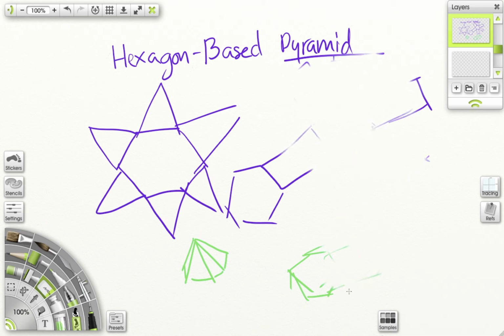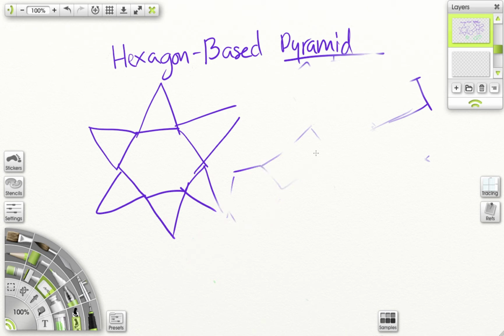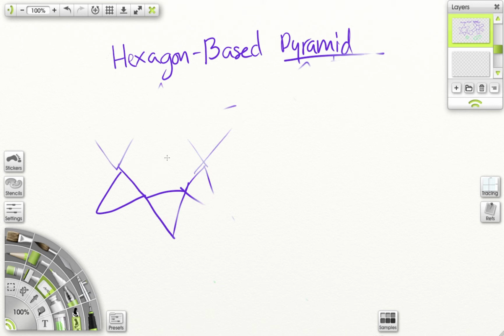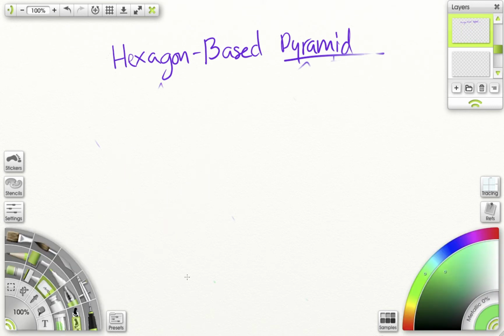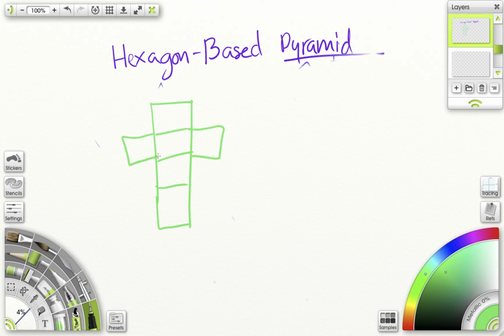So what if I was comparing two different prisms, or two different pyramids? So let's try comparing a cube versus a rectangular prism. A cube, we know the net usually looks something like this. It has 6 different squares.